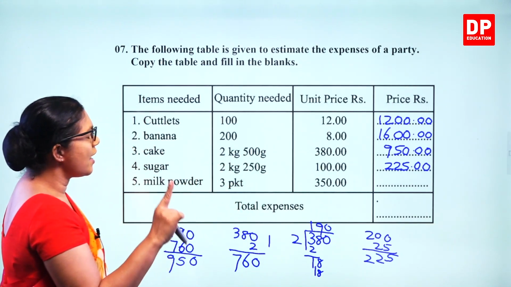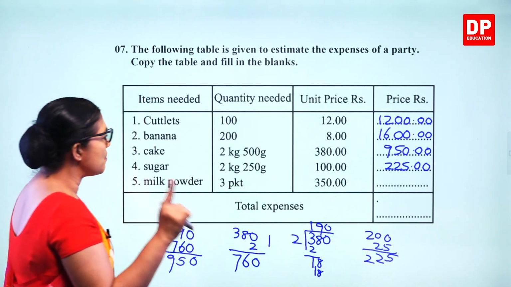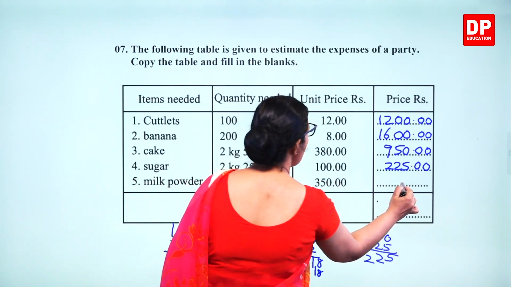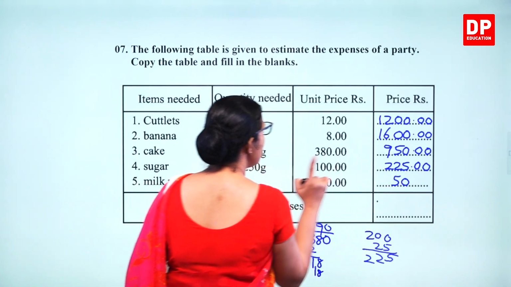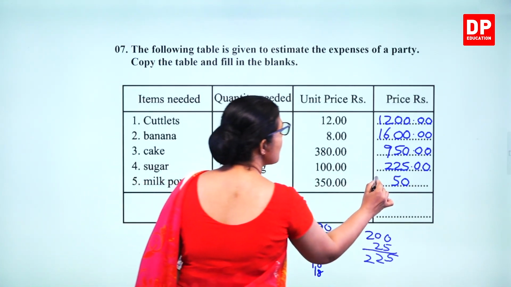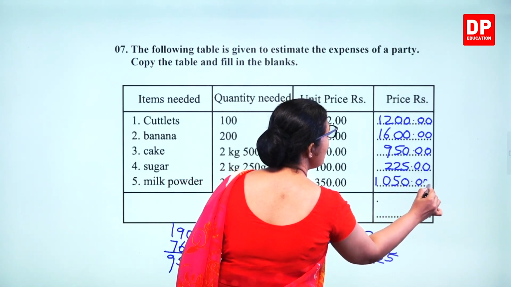1 packet is 350. 3 packets, multiplied by 3. 3 times 0, 0. 3 times 5, 15. 3 times 3, 9 plus 1, 10. 1,050 rupees.